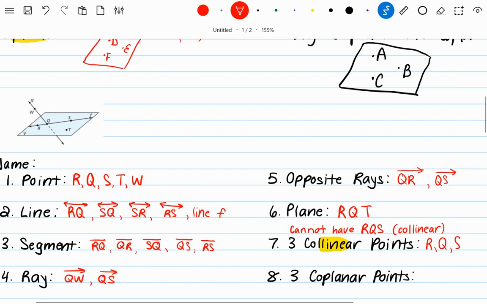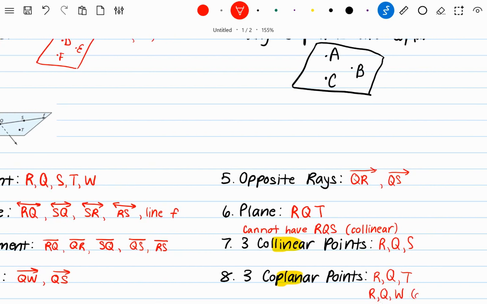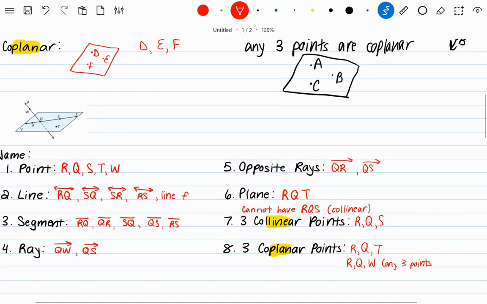3 coplanar points. So 3 points that lie on the same plane. R, Q, and T lie on the same plane. I know that R, Q, and W are going to be coplanar. Why? Any 3 points are coplanar.